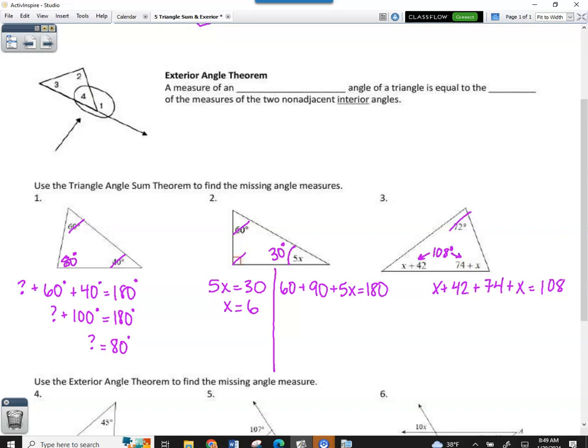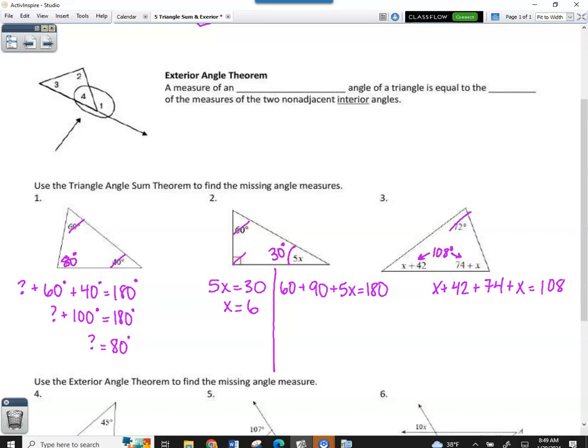Yeah, it does say find the measure of the missing angles, but it should probably just say solve for x or the missing angle. Yeah, keep going. So x, and you'd have 2x plus 116.